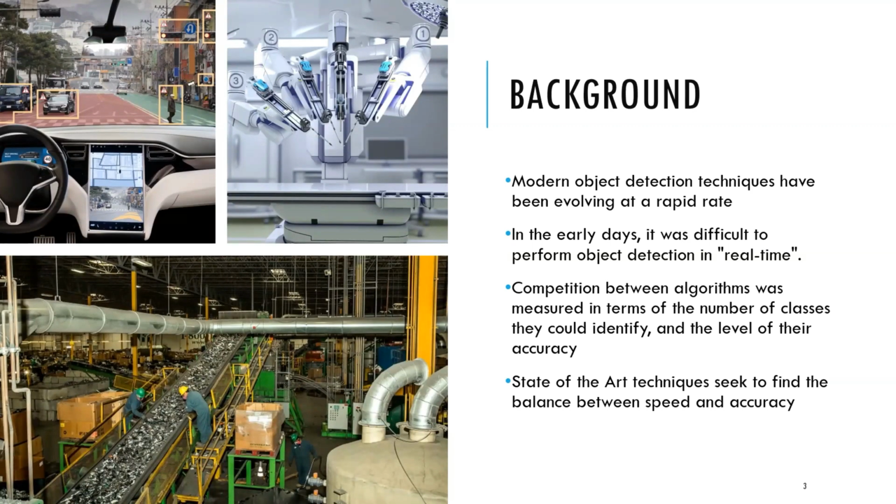So it was only comparing how many classes an object detection algorithm can classify. State-of-the-art techniques are trying to seek a balance between speed and accuracy, as computer vision technology is taking part in our everyday life, right?